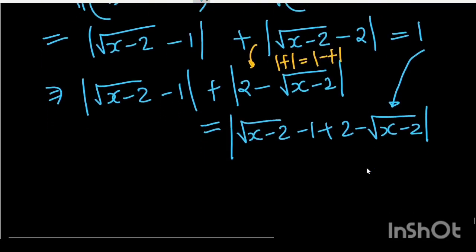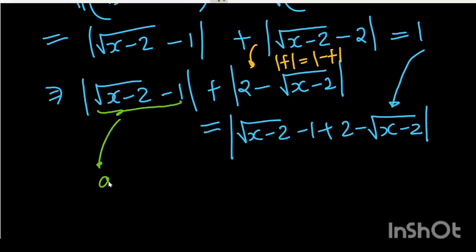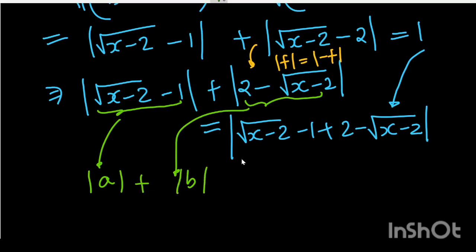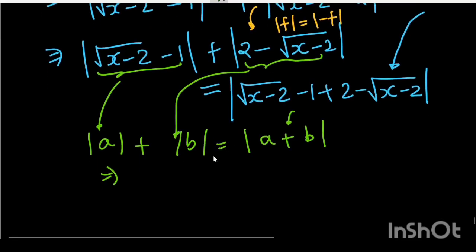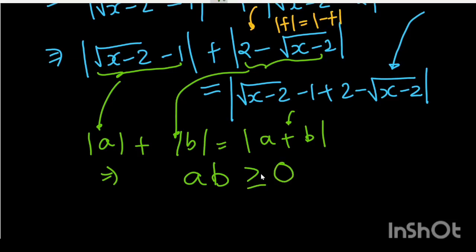So as you can see here, if you name this term as a, and this term as b, so this is mod a plus mod b. So this term would be what? This would be mod a plus b, which we guys know is what? The solution of this is ab greater than equal to 0.